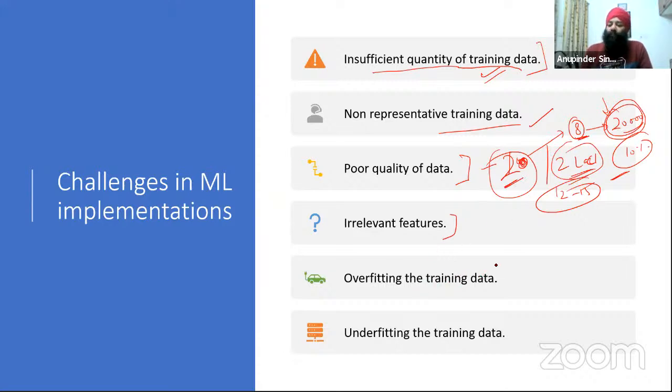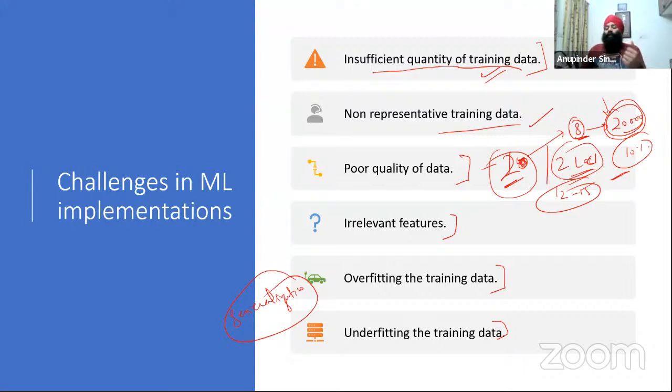Then overfitting of the training data and underfitting of the training data. This is one of the major challenges related to generalization, right? Any machine learning model is supposed to generalize across the different set of new instances which are going to be thrown at it.